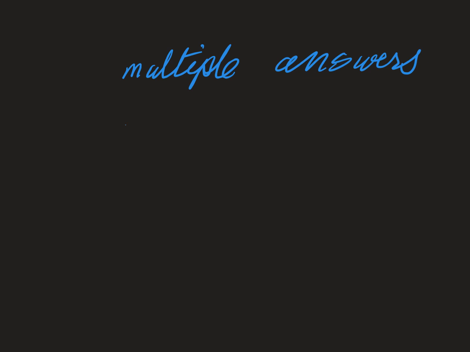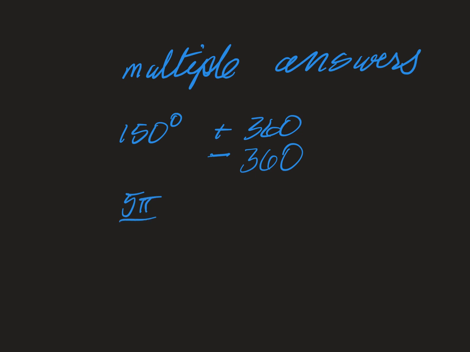So if the angle was like 150 degrees and you were checking for coterminal, essentially what I would do is add 360 to it, that's one more rotation around, and I'd subtract 360 on the degrees. And if it was given in radians, like 5 pi over 6, then I would add 2 pi and I would subtract 2 pi. And that's kind of the shortcut right there once you do this enough.